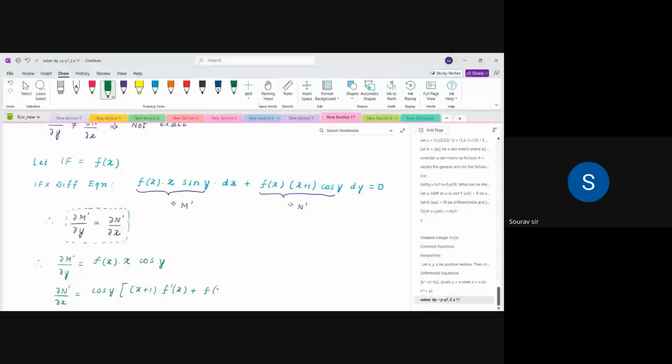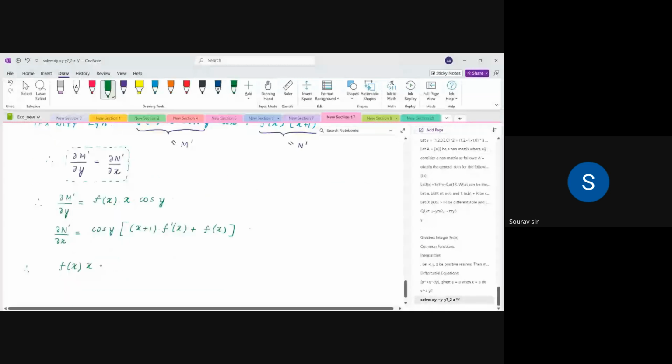So that means f(x) into x into cos y is equal to cos y into (x plus 1) f dash x plus f(x). Using this equation, I need to find out my f(x).